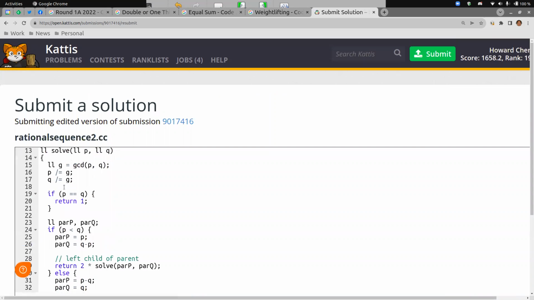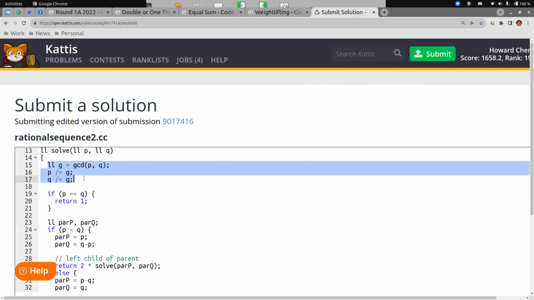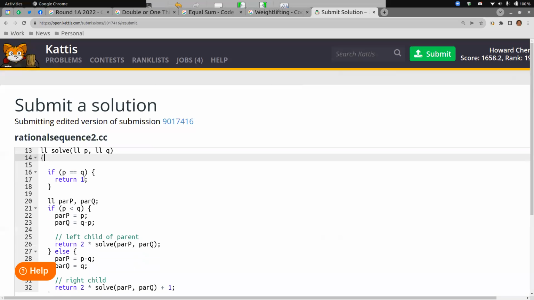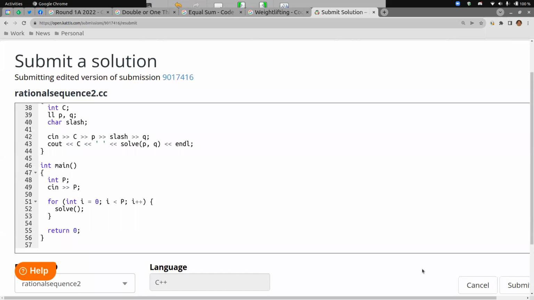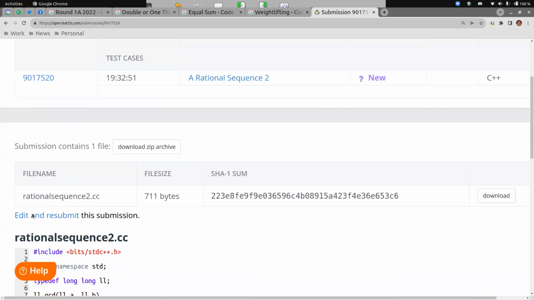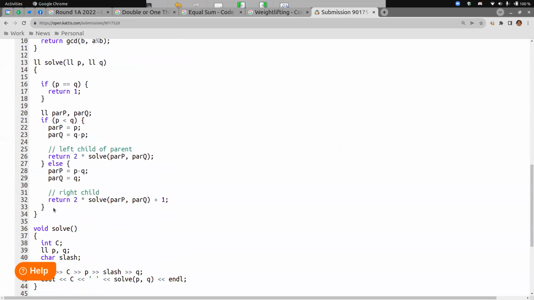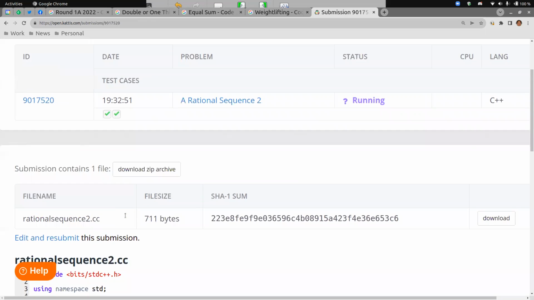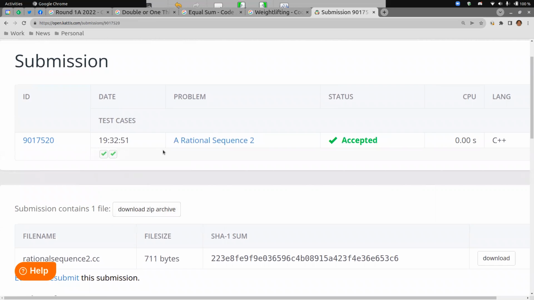But because at the end I just do it like this, let me just get rid of this and resubmit and see if it still works. I think it's okay actually. Oh yeah, it works. So I actually didn't even need this. I was doing it the other way when I was solving the wrong problem, and then I just left it in.